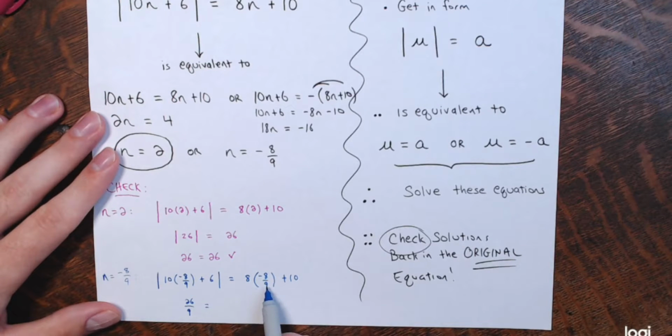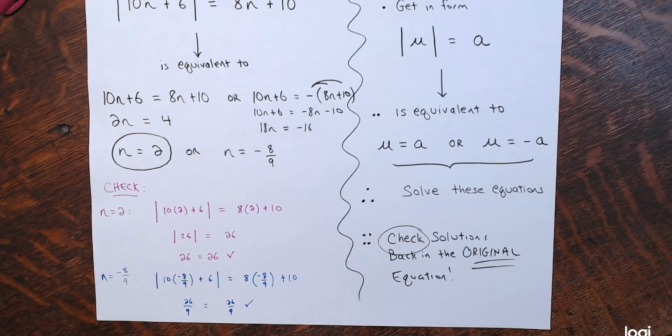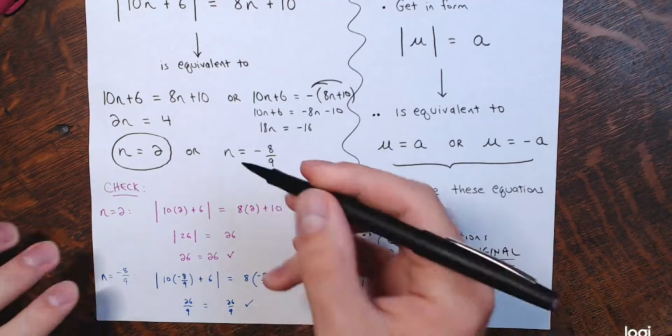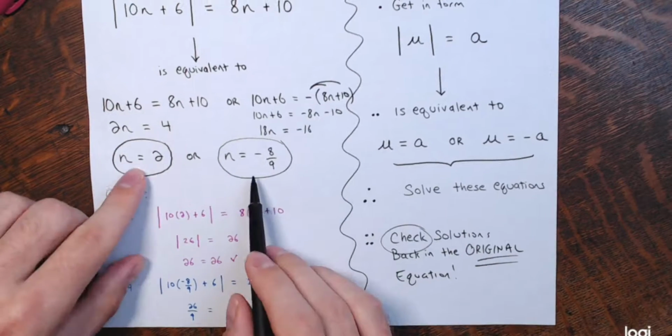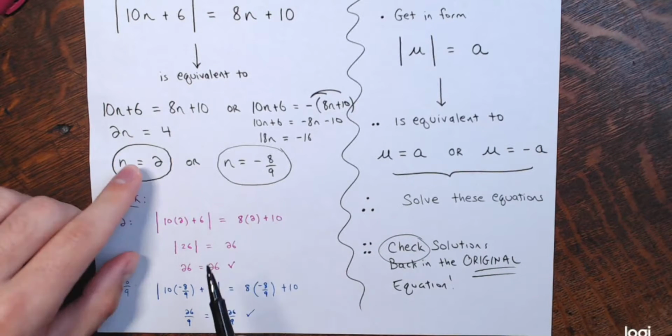The right side, I have negative 64 ninths plus, and then 10 would be 90 ninths, 90 over 9. Negative 64 plus 90 would also be 26. You'd have positive 26 ninths on the right side too. And you get 26 ninths equals 26 ninths. This also works. So this equation has two solutions, 2 and negative 8 ninths.